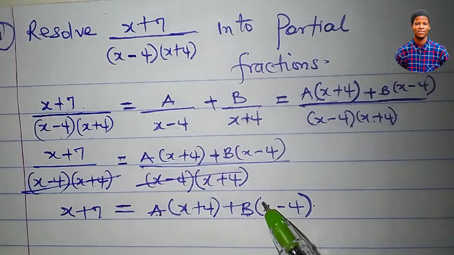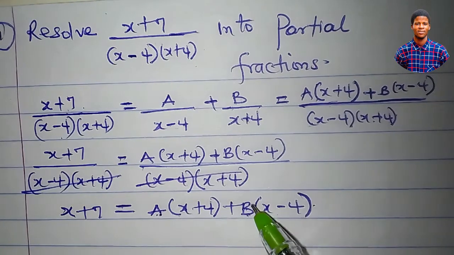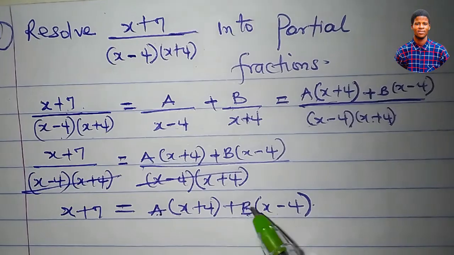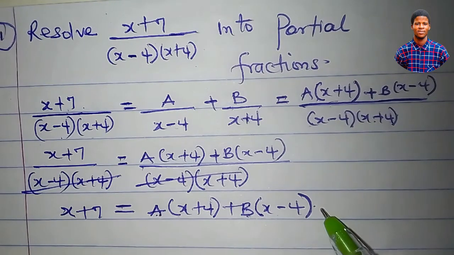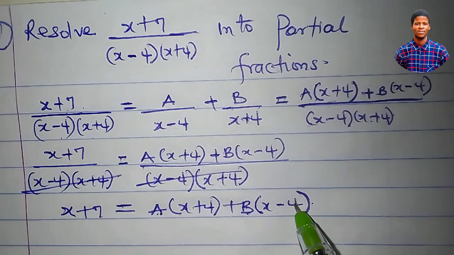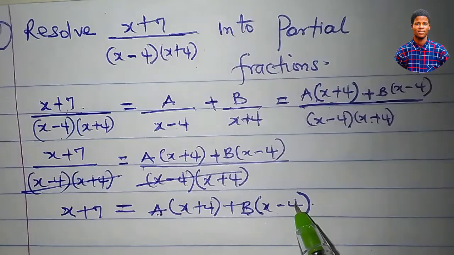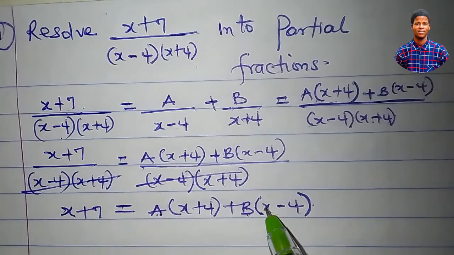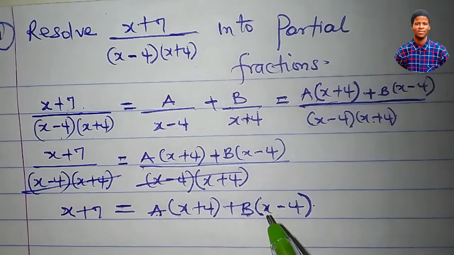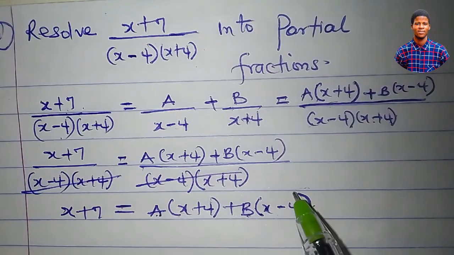So, what value of x will I take to make B disappear from this entire equation? This is x - 4. I know that if I plug in 4 here, this will be 4 - 4, 0, and B times 0 is 0. That means if x is equal to 4, everything here, including the B, will disappear.